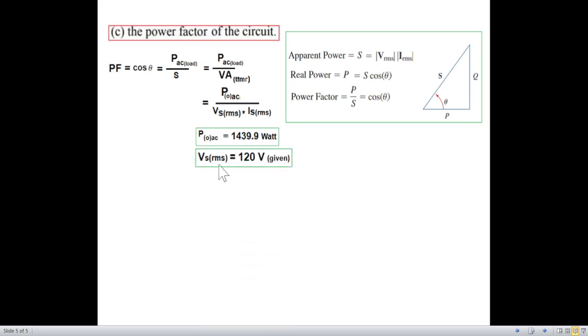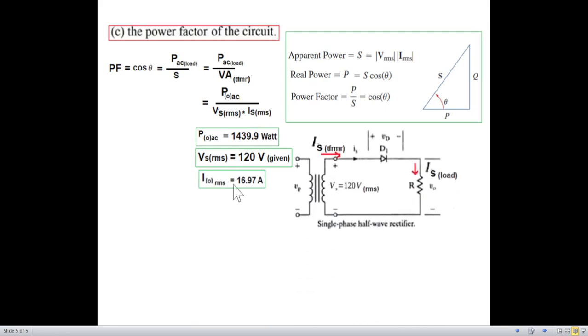VS RMS is given 120 volt, to recall the figure. And also IS RMS is same as IO RMS. Let's see from here. See this diagram. This is the secondary current, and it is the same current throughout the circuit. So IS of the transformer, or IS, is IS load or IO load.